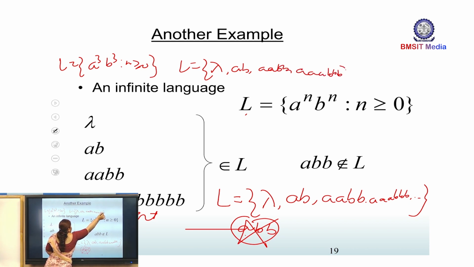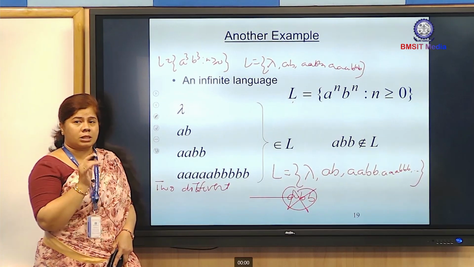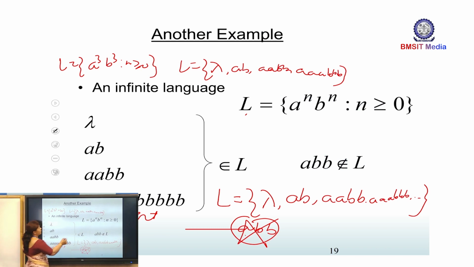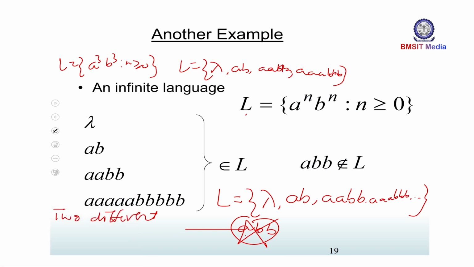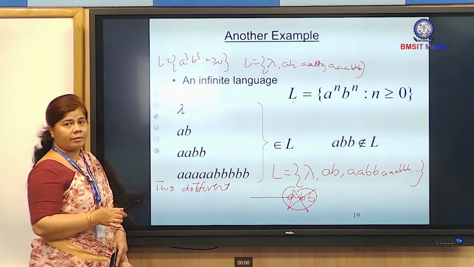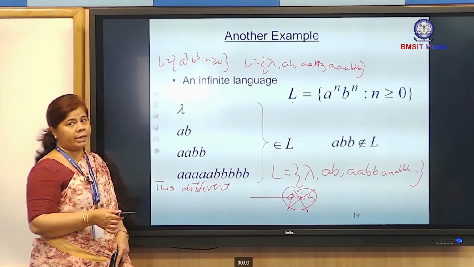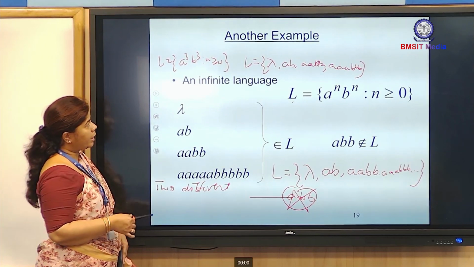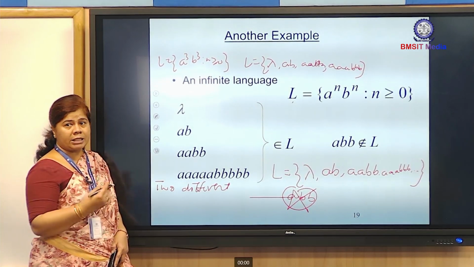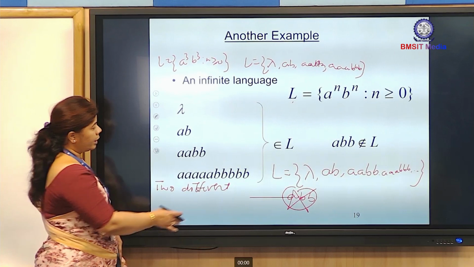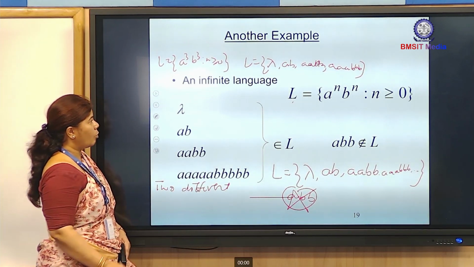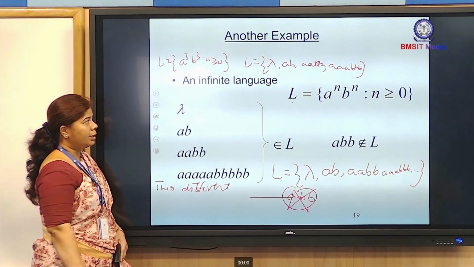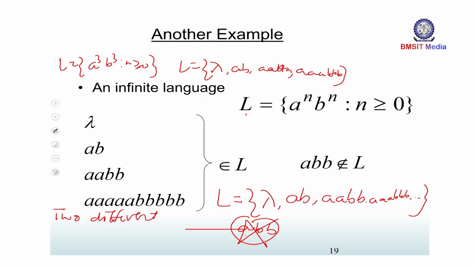In this way I can restrict the number of strings under this language. So you can write finite languages and infinite languages, where the infinite language has no restriction on how many strings come under that set. This is about the basic elements which come under the entire concept of automata theory.